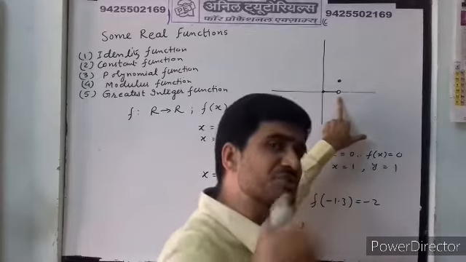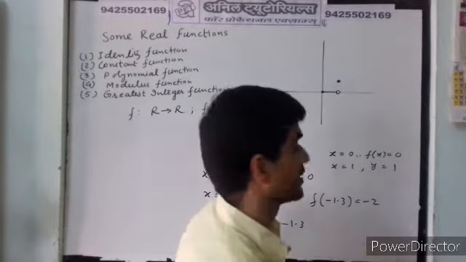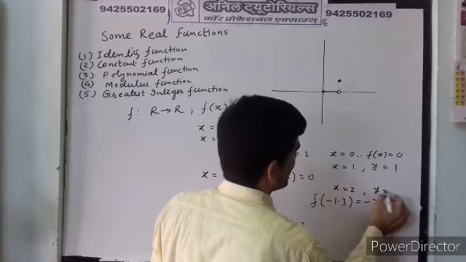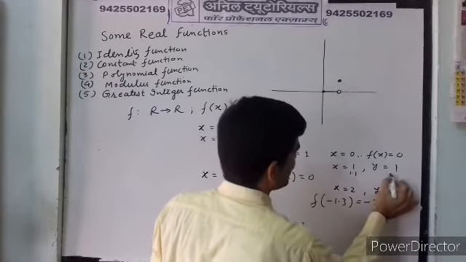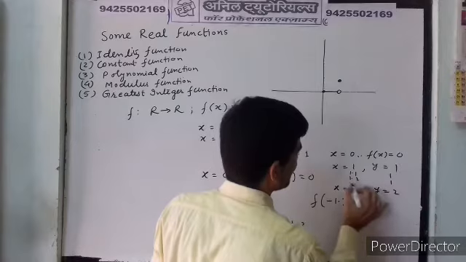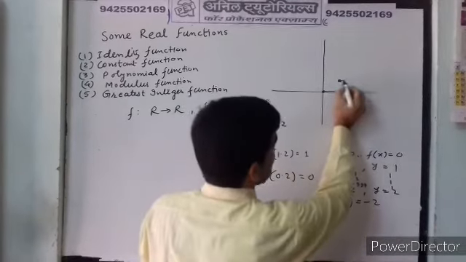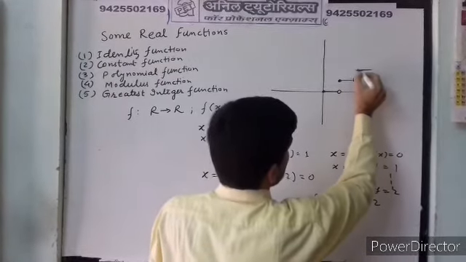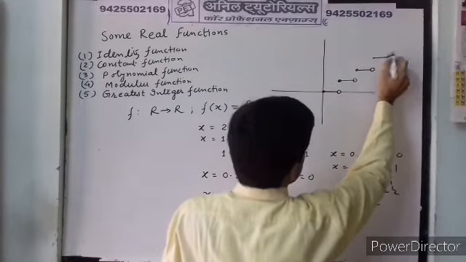So as you reach 1, meaning x equal to 1, you jump to 1. X equal to 1, y equal to 1. Similarly, x equal to 2, y equal to 2. And between these, whatever the value, 1.1, you will get 1. 1.2, you will get 1. 1.9999, again you will get 1. Like this. As you get 2, it jumps to 2. Similarly here. And so on.